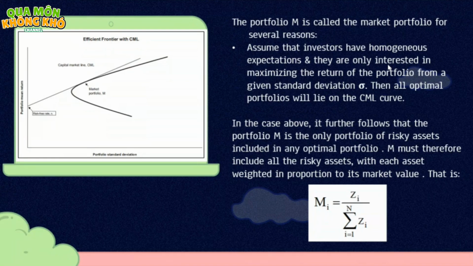In this case, it further follows that the portfolio M is the only portfolio of risky assets included in the optimal portfolio, and M must therefore include all risky assets, weighted in proportion to their market value. That is, Mi is equal to Zi divided by the sum of Zi.